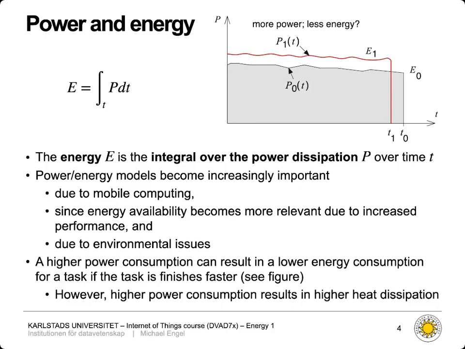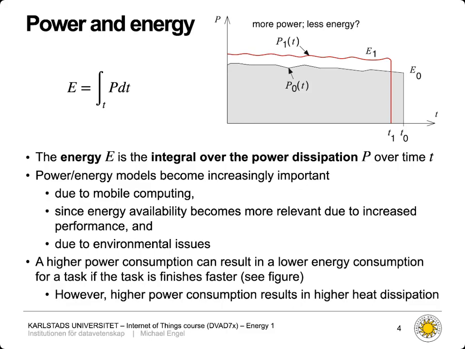Now, amazingly, if you have a higher power consumption, this can in turn still result in a lower overall energy consumption if you just consider a certain task to be performed. So if you look at the diagram on the top right-hand side, you see that we have a task that is first executed at a certain lower frequency, which is the gray shaded area. And at a lower frequency, it takes our processor longer to execute that task. Now the energy is the integral over time.